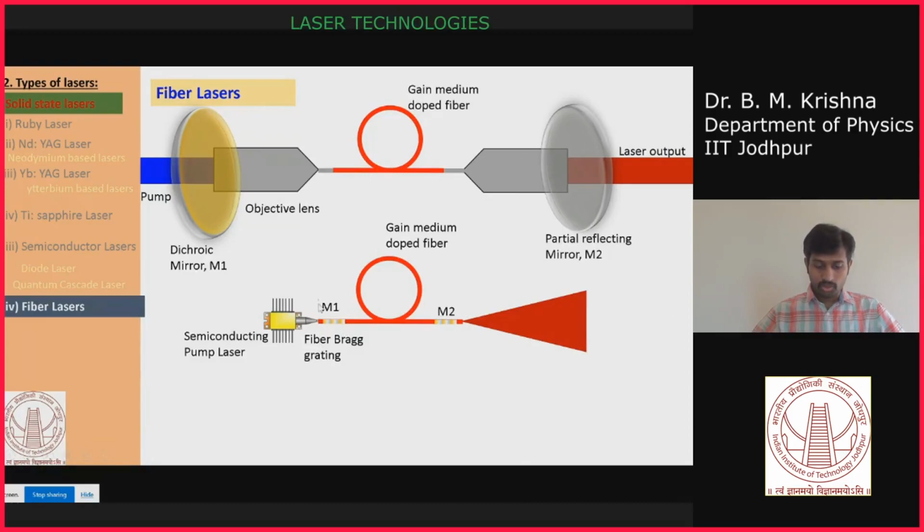That's why you can design your fiber laser to be pumped either by conventional pump sources like Nd:YAG lasers or CO2 lasers, or by semiconductor lasers. Depending upon the application and how much power you require, you choose the pumping source.